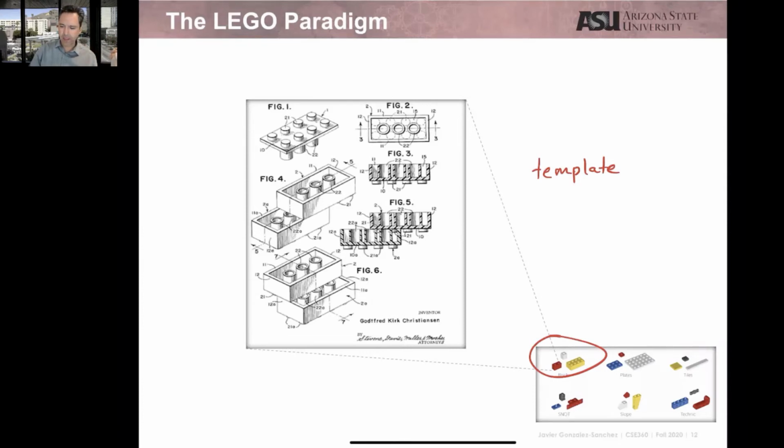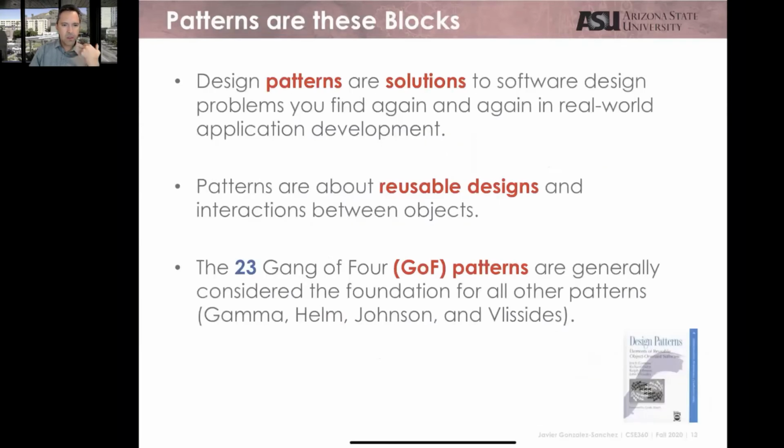You want to put together things that someone else has used, things that have proved to be good solutions, and you solve your problem. Those Lego blocks are what we call in software patterns.